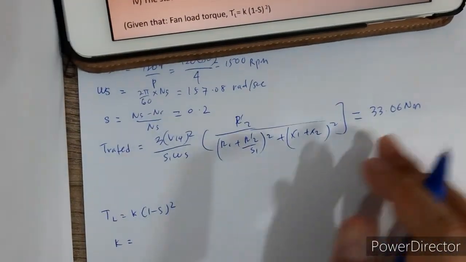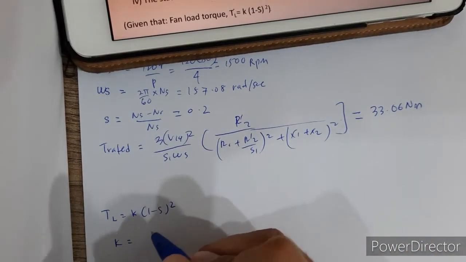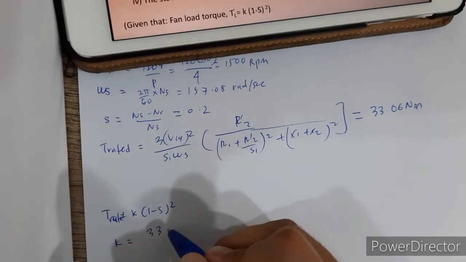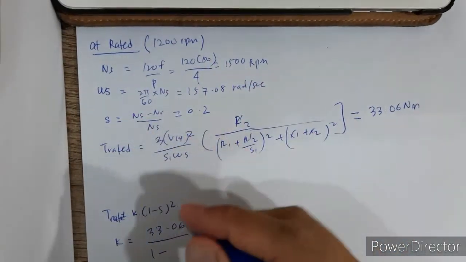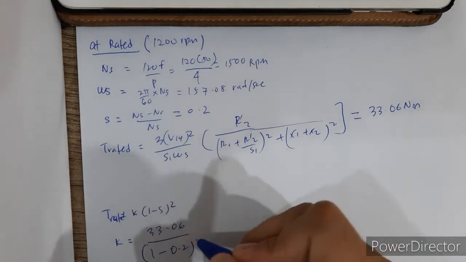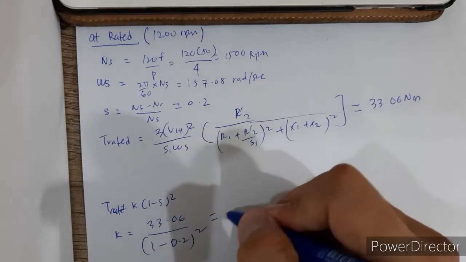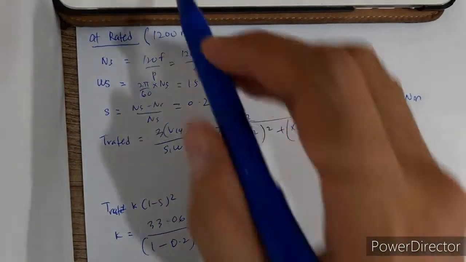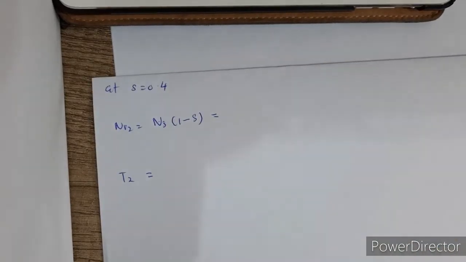From this torque we can determine K. K is TL, which is T rated 33.06, over 1 minus S squared, where S is 0.2, still during normal condition. So K is 51.66. This K we will use in part B, because K is a constant.